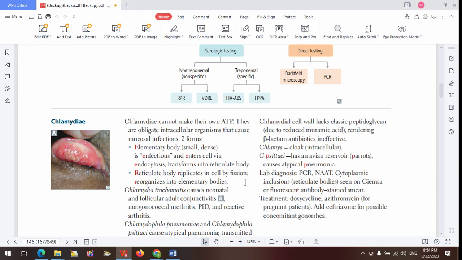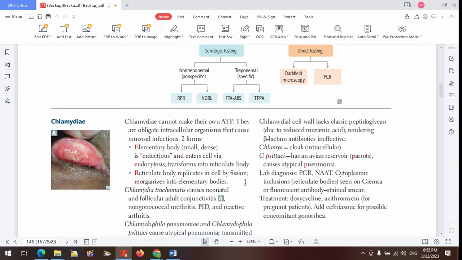We just have some other organisms that can cause it, like Yersinia, Campylobacter, Shigella, Salmonella. But the most important one to always remember is Chlamydia trachomatis. So if we don't see Chlamydia trachomatis, then we can be looking out for Campylobacter jejuni and Yersinia.